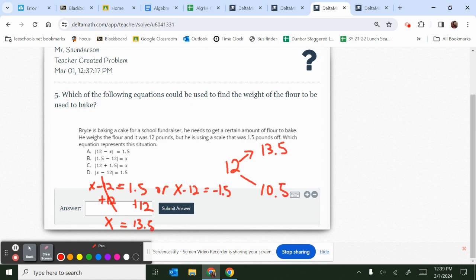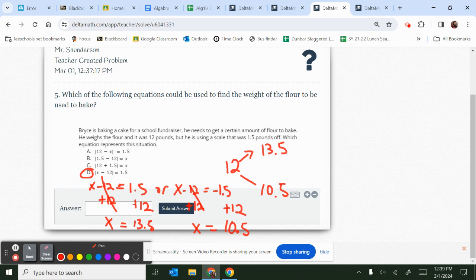So that's one of our answers. Excellent. Here, I would do the same thing, add 12, and 12 plus negative 1.5 is 10.5, all right? So in this case, guys, we can evaluate that that one would be the one that would work. All right. So again, guys, just like that. The answer for this one would be this right here. Okay. All the other ones would be incorrect.